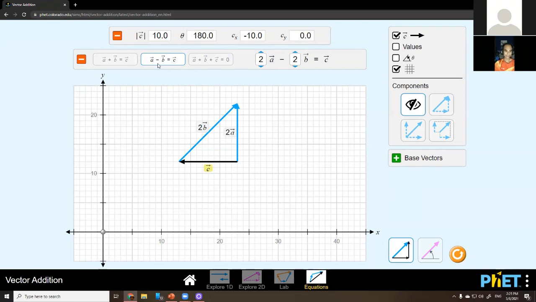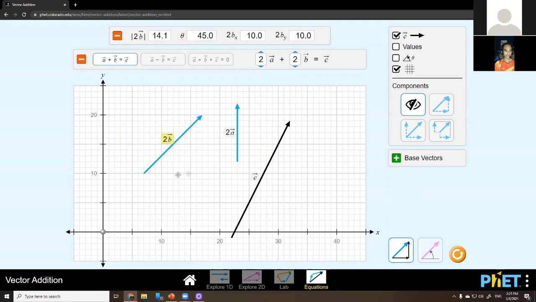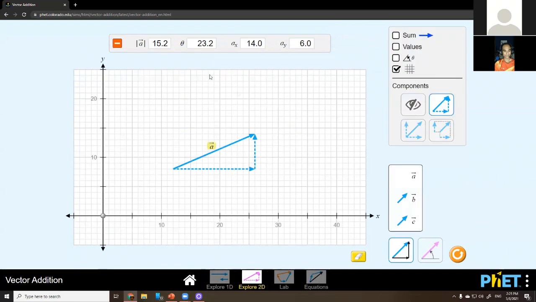So remember, if you have a minus, it is a flip of that current letter. B now is flipped. If B is not flipped, it means A plus B. If B is plus, how does it look like?